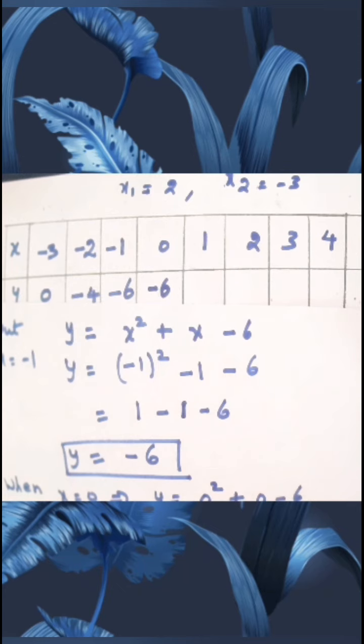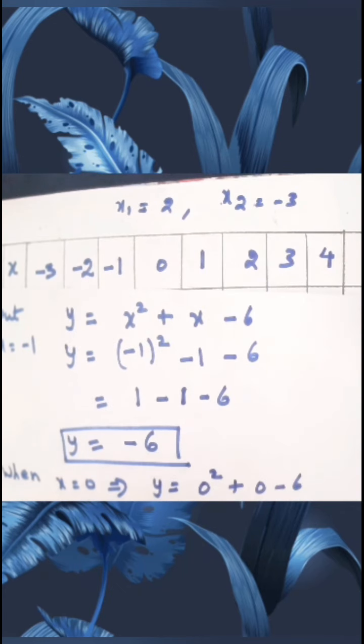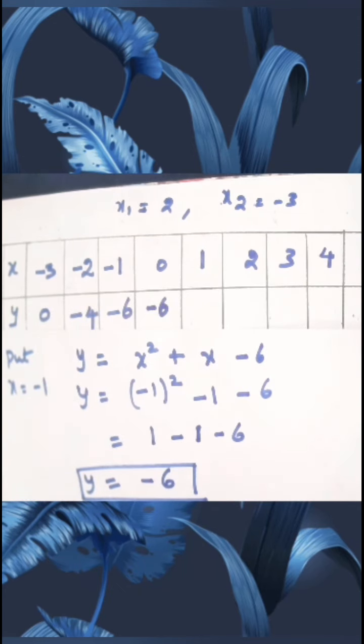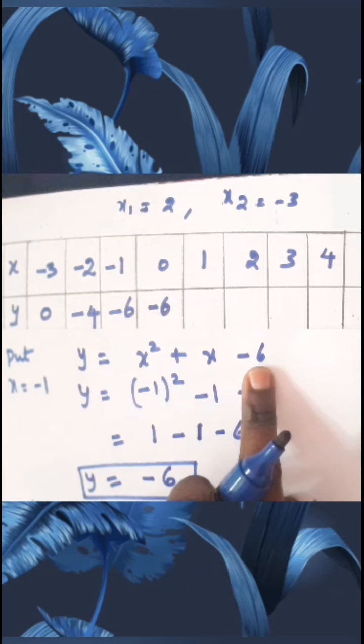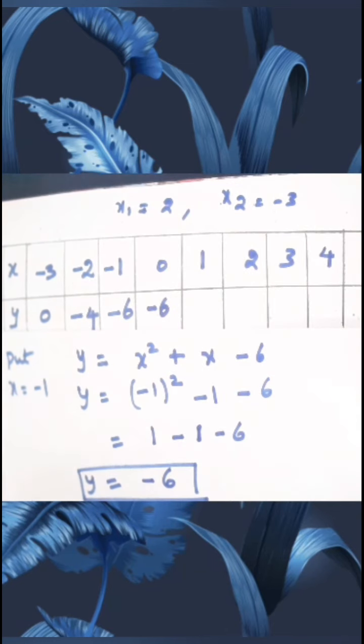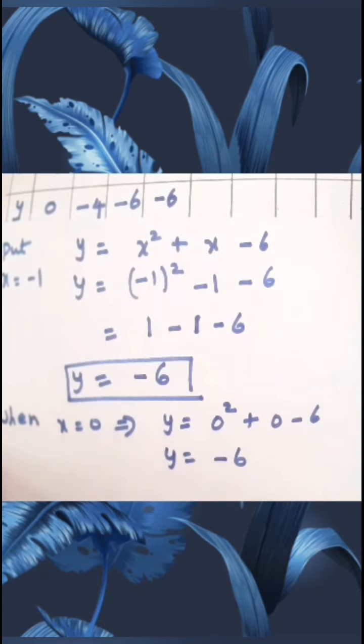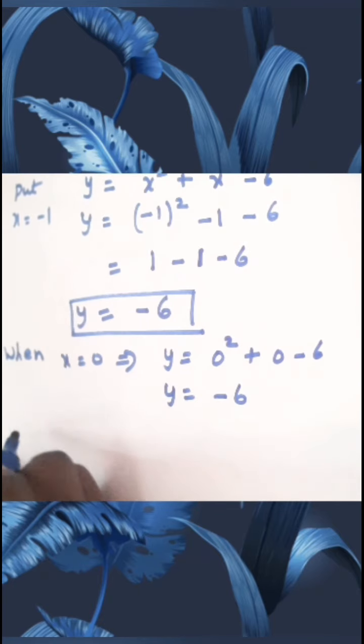Okay students, are you all following? Similarly, you have to get the other values. Now what am I going to put? I'm going to put 1 in this equation to get the value of y. Very good students, I hope you're understanding. Great. Okay, I'll just do this value.